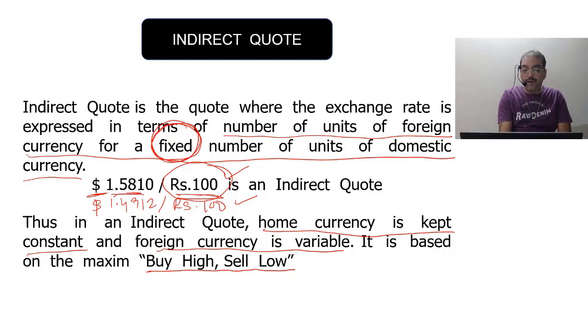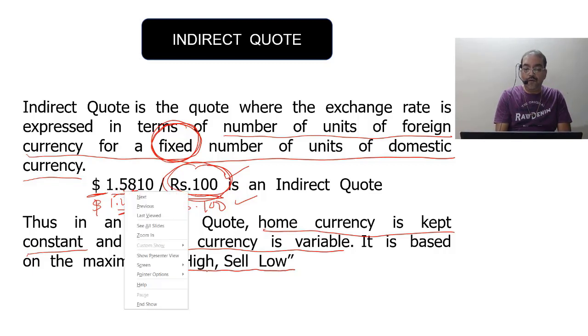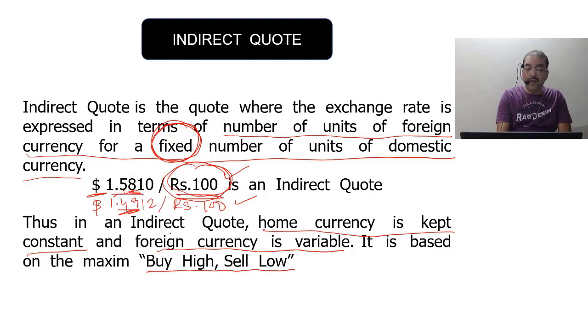Buy dollars when this is high, because for 100 rupees you will get more dollars. Here for 100 rupees, you will get fewer dollars. So you will buy when this is high and you will sell when this is low. For 100 rupees, you are going to buy 1.49 or 1.58, which is better? This is better now, correct? So when this is high, you will buy.